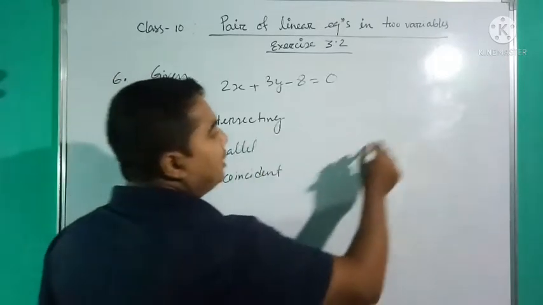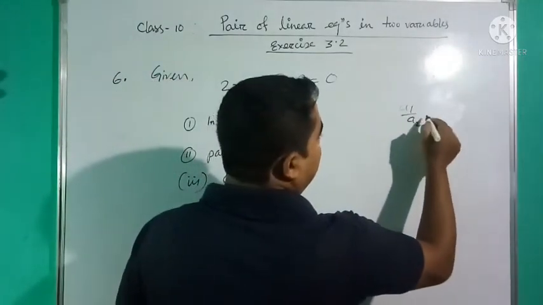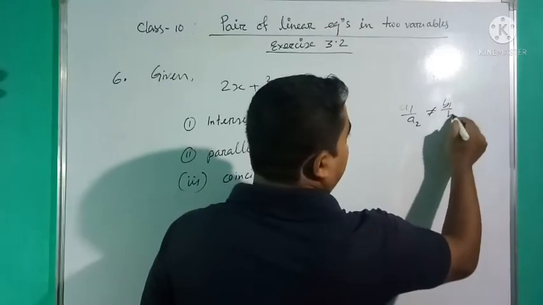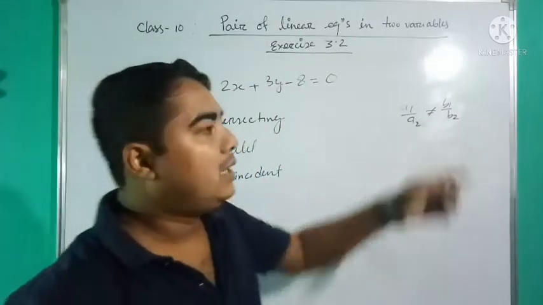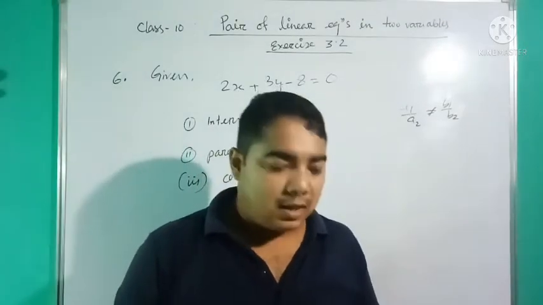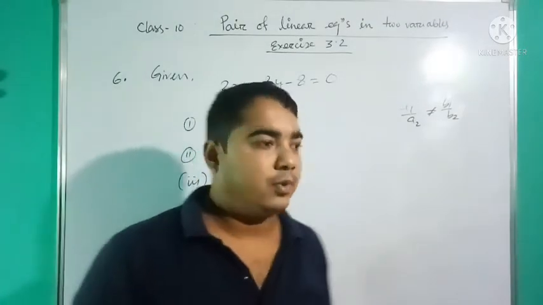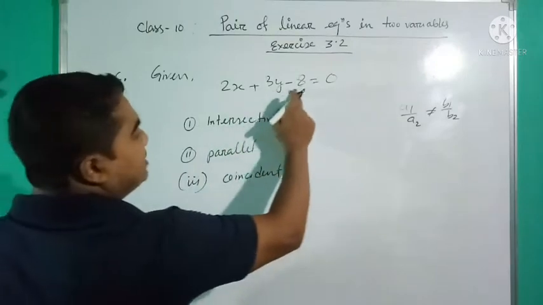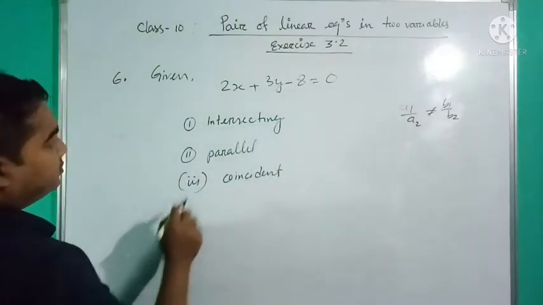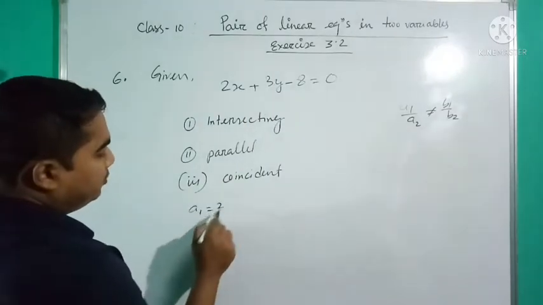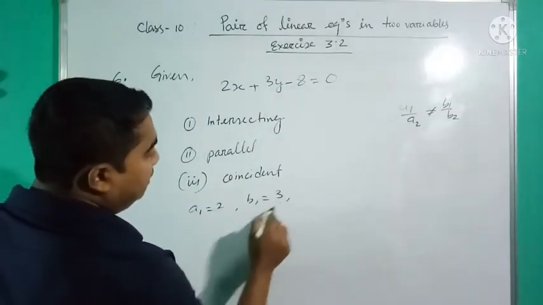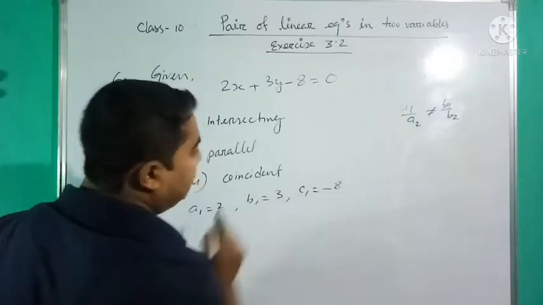See, intersecting means a1 by a2 is not equal to b1 by b2. If a1 by a2 is not equal to b1 by b2, then we know that the given two lines intersect at one point. So the first equation given, twice x plus thrice y minus 8, has a1 value 2, b1 value 3 and c1 value minus 8.